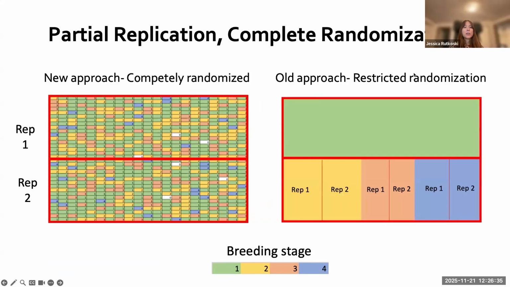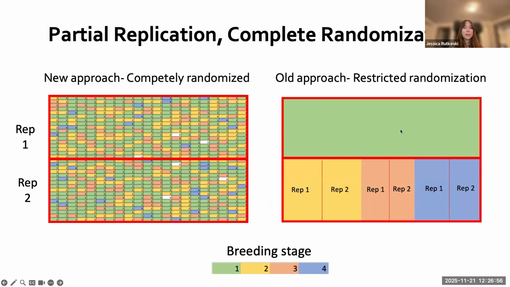Another thing we do, we actually randomize all of our breeding stages together. That may sound obvious to some people, but if you look on the right of the figure, most breeding programs had been or are currently not randomizing all breeding lines together. They'll just randomize depending on the stage.